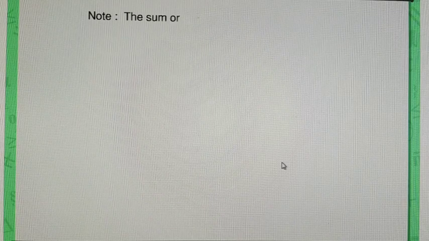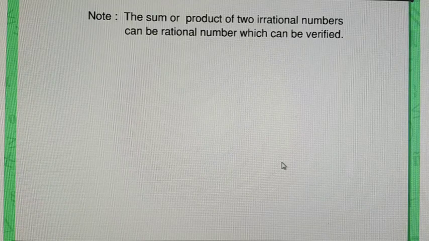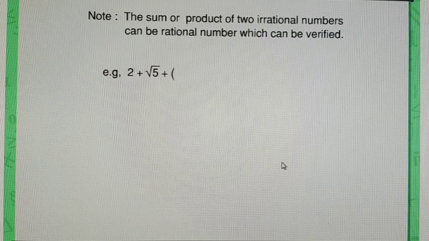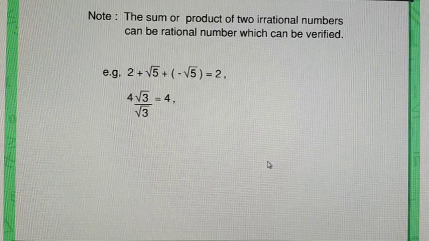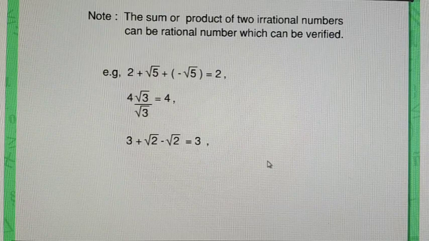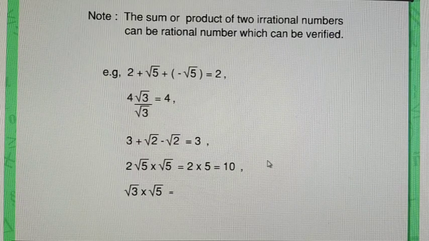Note: the sum or product of two irrational numbers can be a rational number, which can be verified. 2 plus root 5 plus bracket of minus root 5 is equal to 2. 4 root 3 upon root 3 is equal to 4. 3 plus root 2 minus root 2 is equal to 3. 2 root 5 into root 5 is equal to 2 into 5, which is 10.